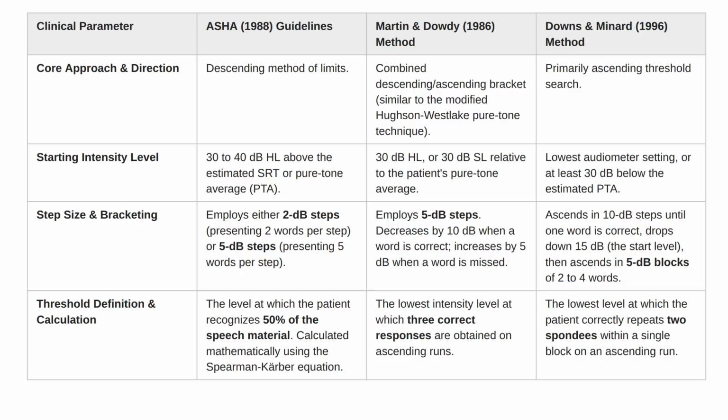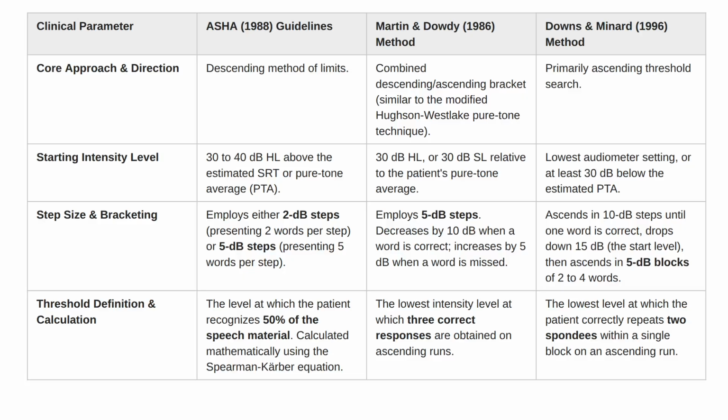And then the level at which the patient recognizes the material 50% of the time is calculated mathematically by the Spearman-Kärber equation. We won't go into great depth on the ASHA method. It's a little overly complex for what this procedure needs to be. I would stick with either the Martin and Dowdy method or the Downs-Bernard method. If you want me to go into greater detail on the ASHA method, just let me know.